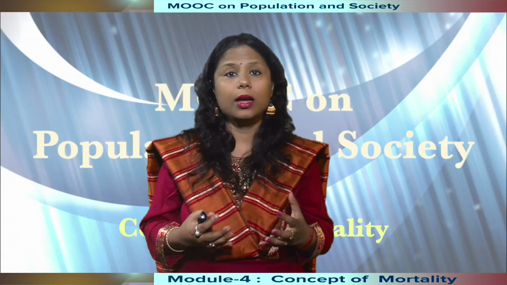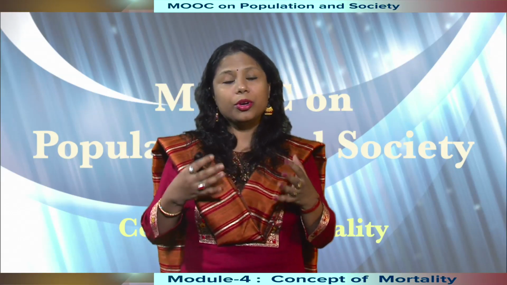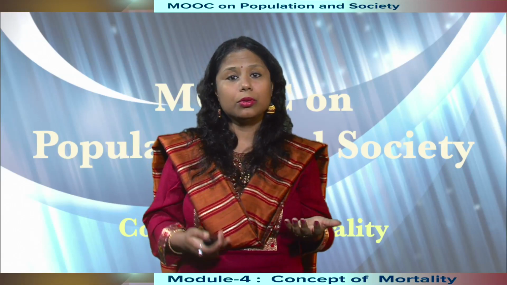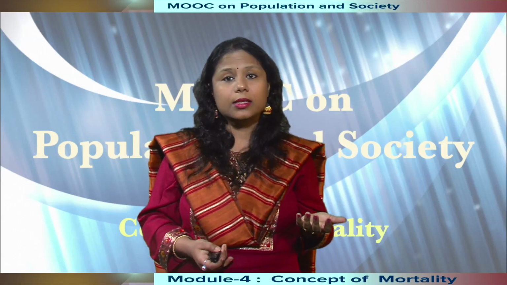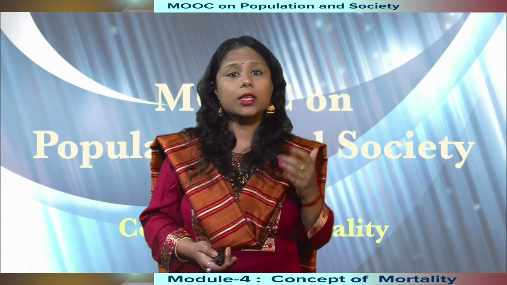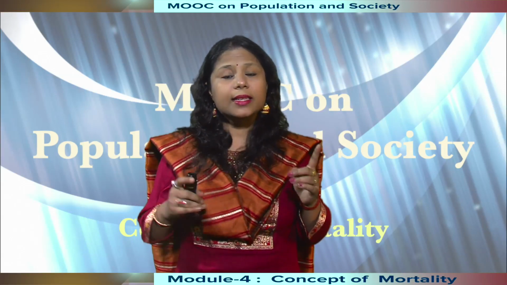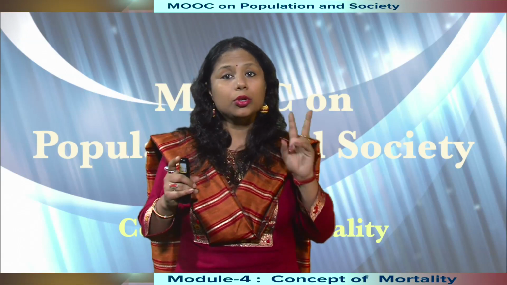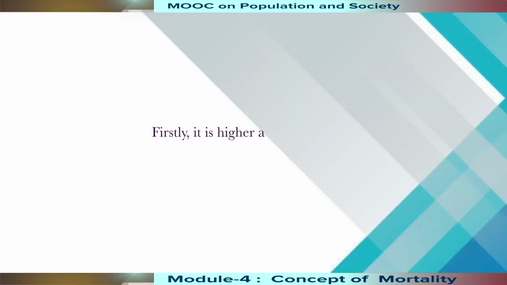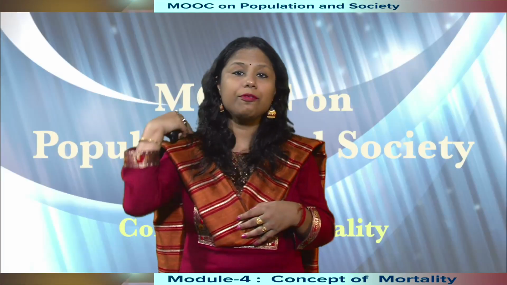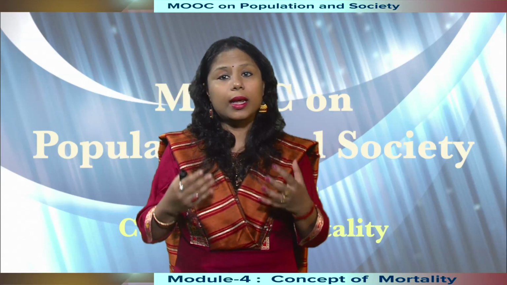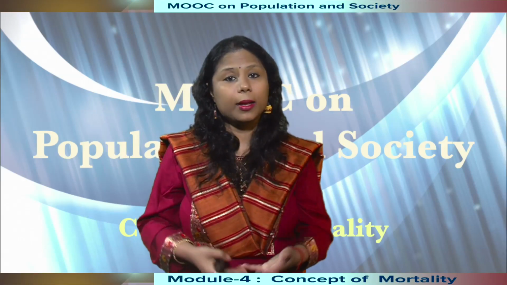So we have learned that mortality rates vary across sexes. Now coming to the age factor, studies have again revealed that death rate varies with age. It is higher at two particular extremes of life. The first is at the age of 0, that is, before reaching 1 year of age, newborn death tends to be very high.